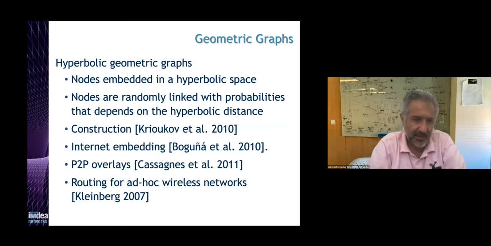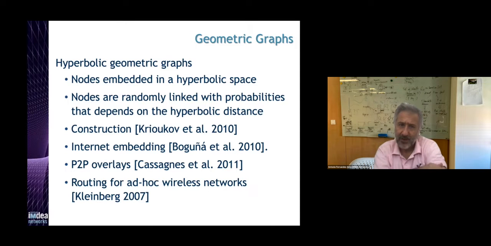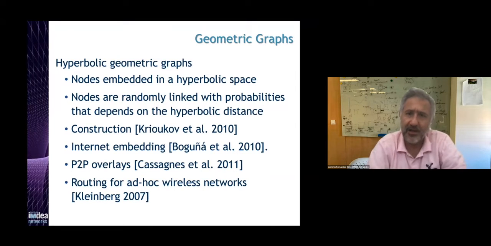Other metric spaces can be considered, and in particular, there's been some wave of work using hyperbolic spaces. In these spaces, the nodes are embedded in a hyperbolic space, and they're usually linked randomly with some probability that depends on the distance in this space.